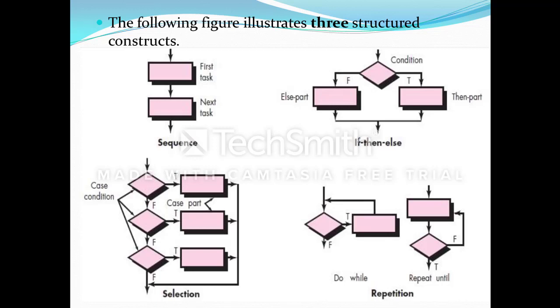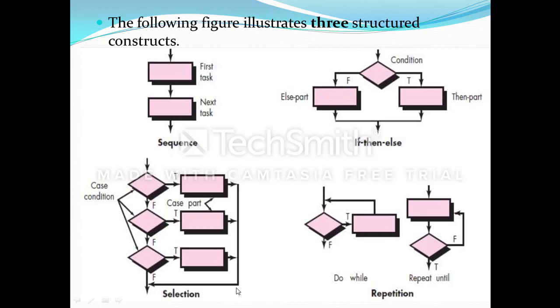Next, coming to the selection. It is also called the selection case. It is a construct shown in the figure. In programming representation, it is taken as a switch case. The selection or select case construct is actually an extension of the if then else.